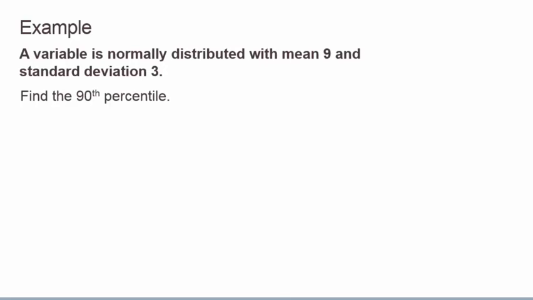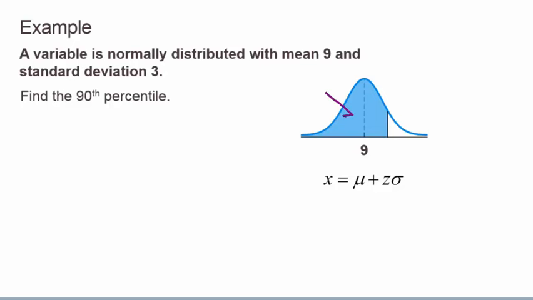Example: a variable is normally distributed with mean 9 and standard deviation 3. Find the 90th percentile. Again, we want to draw our standard normal distribution and use our same formula, x equals mean plus z times the standard deviation. Since it's the 90th percentile, that means our area is 90%.